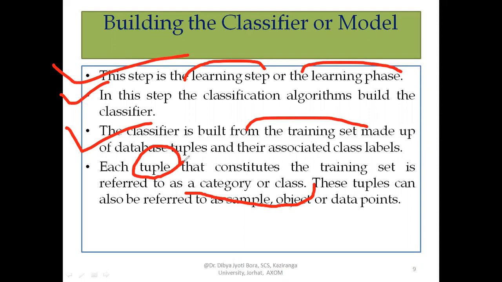What did tuple mean? A particular record: when we used a table, we used to refer to one particular row by a tuple. So the tuples in this training set, we will call a particular class and a particular category. So why are these things important? Because the MCQs may arise from this type of statement. Now, these tuples can also be referred to as sample, object, or data points.